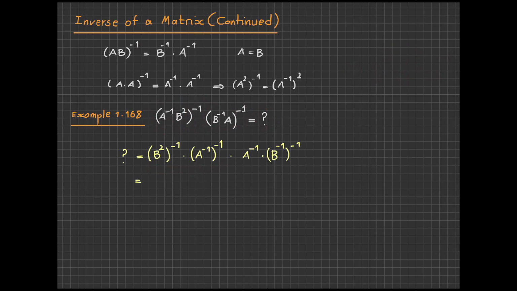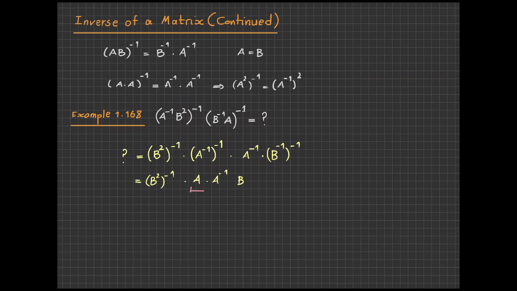What can I do, for example? There are two things that hopefully you remember. What is A inverse inverse? It is A. B inverse inverse is also B. Okay, so let me just continue. So this becomes B squared inverse, and this becomes A times A inverse, and then I have B. Okay, but do you know what is the answer to the middle one?